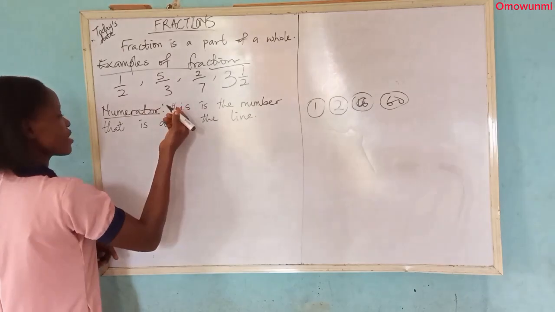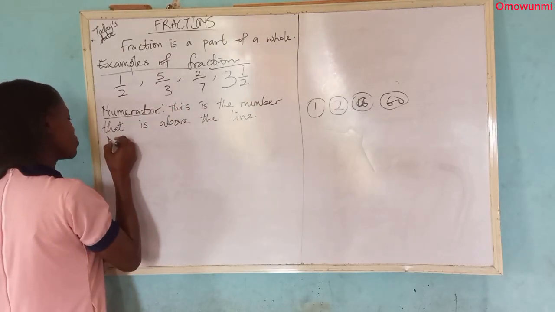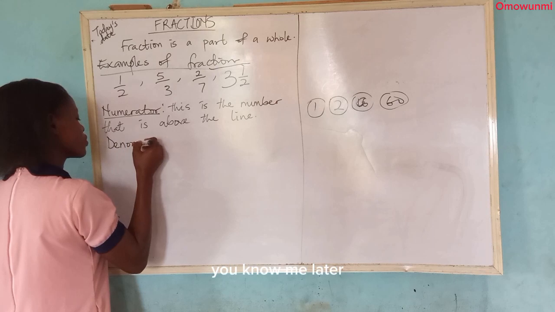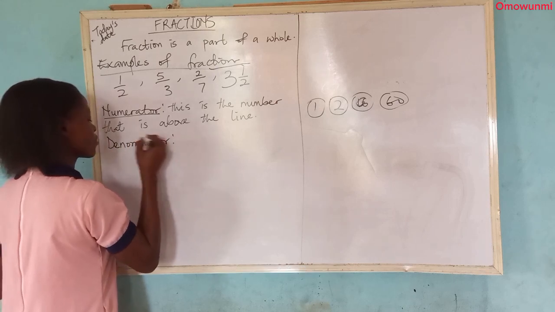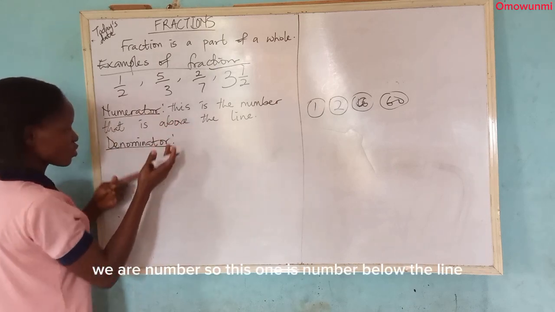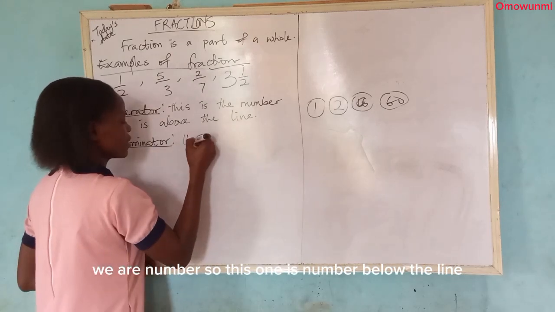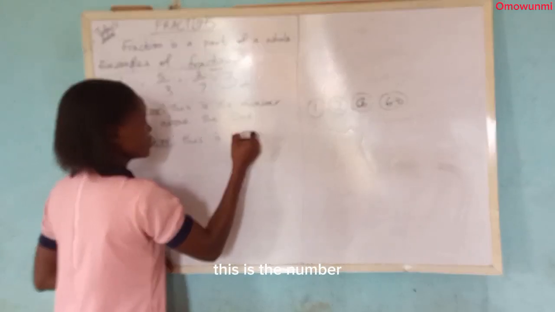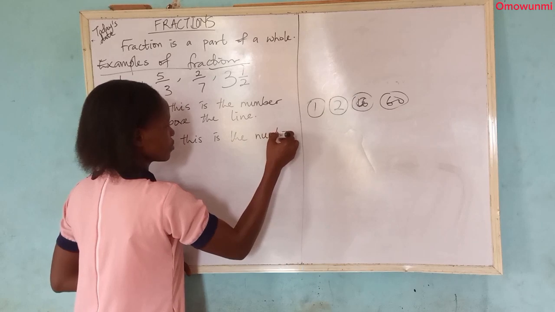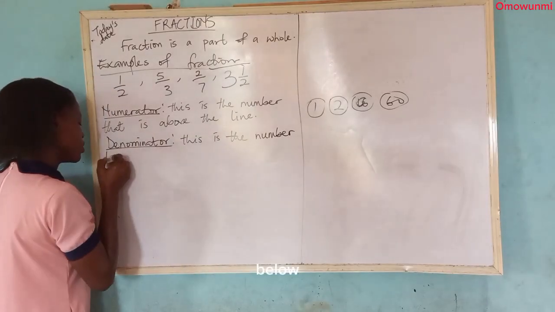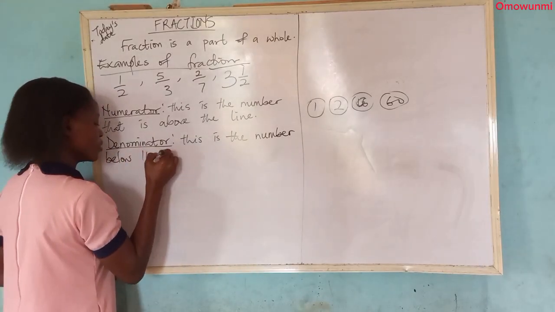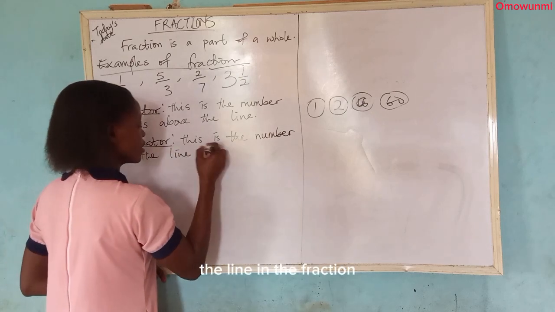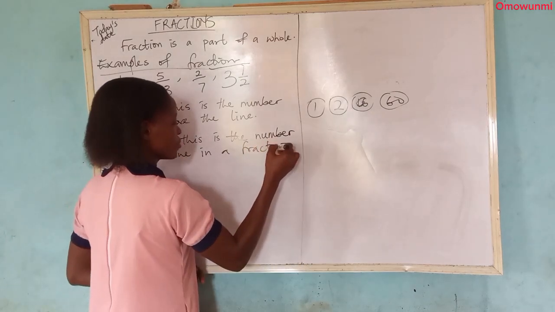Now let's go to the second one that we usually use, denominator. We have the number up, so this one is the number below the line in a fraction.